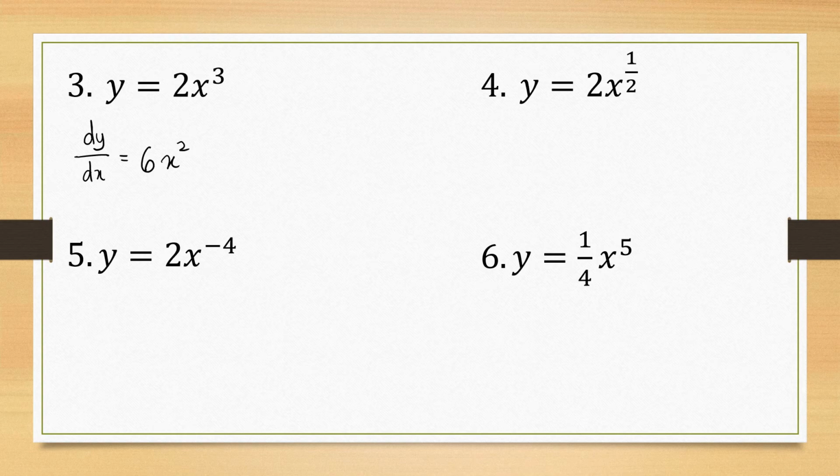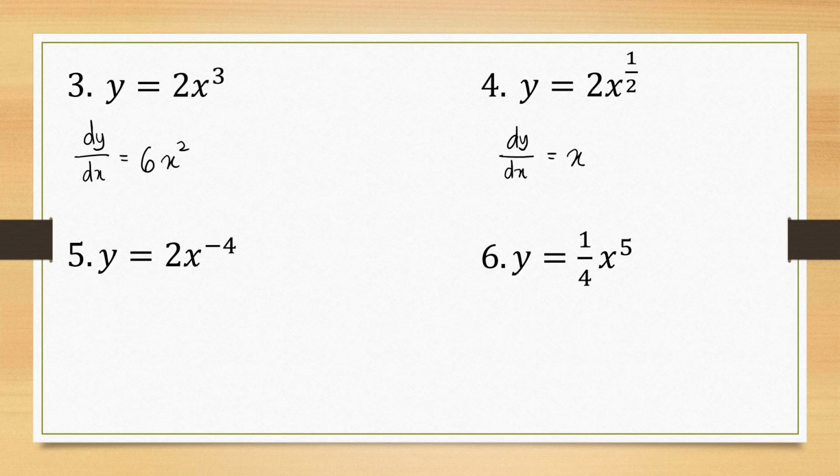Next, question number 4. You have to differentiate. So dy over dx equals, power bring in front. So 1 over 2 multiplied by 2, you will get 1. But you don't have to write the 1. So straight away write x power decrease by 1.